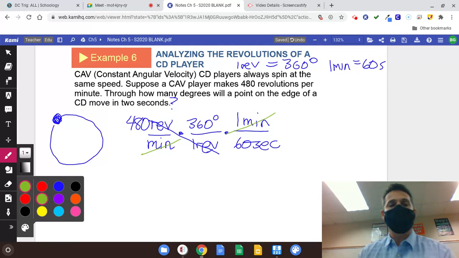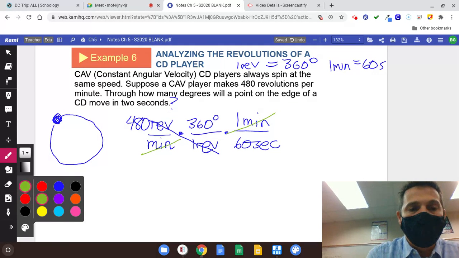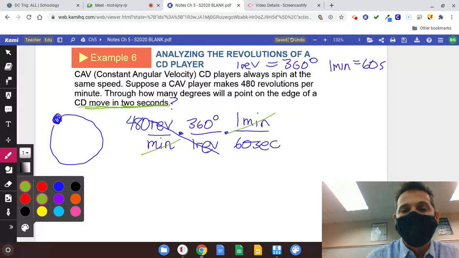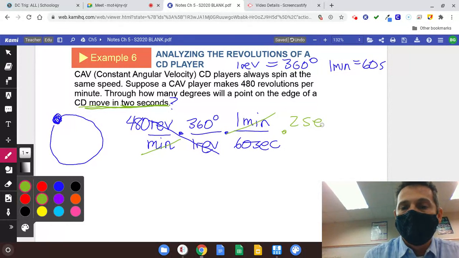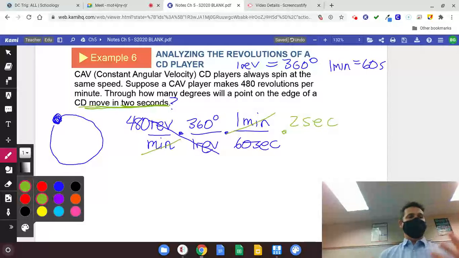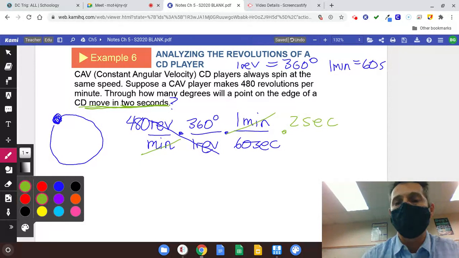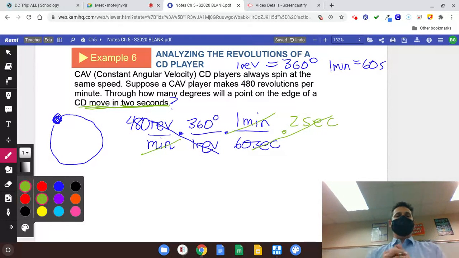And that's pretty good, except for the fact that it asks me something about how many degrees in 2 seconds. Okay, so let's just multiply by 2 seconds, and that's going to answer the question. That's going to leave me with the seconds cancel. That's going to leave me with just degrees, and that's what I want. Through how many degrees? Look at my units.